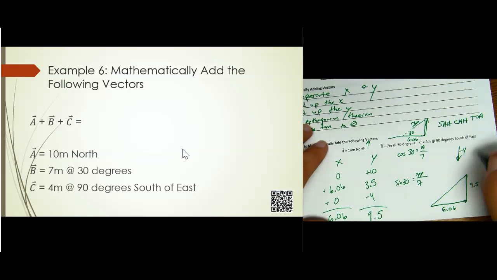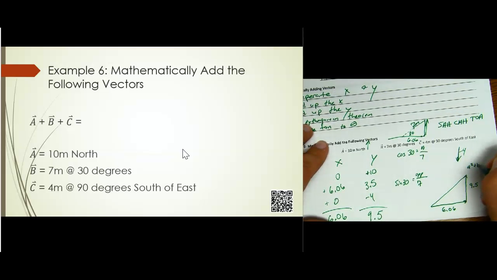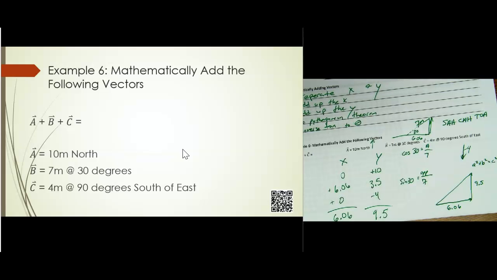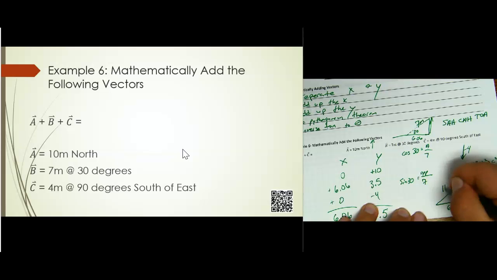So you got to do a squared plus b squared equals c squared, okay? So if you plug it in, a squared plus b squared, take the square root of that answer, I got 11.3. So I got 11.3 meters.